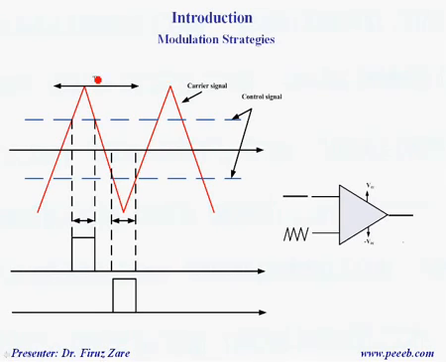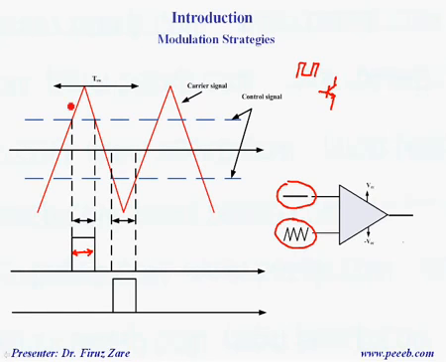So in this section we look at the control section, because for the power switch, for example either an IGBT or MOSFET, we need to provide a gate signal for the switch to be able to turn on and turn off. So in this case, using a comparator, we can compare DC voltage with the triangular voltage waveform, and based on that we can change the pulse width.